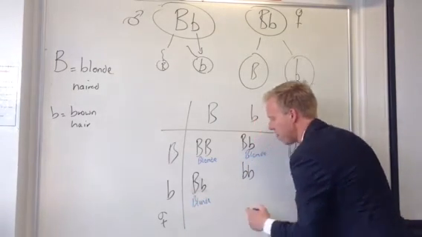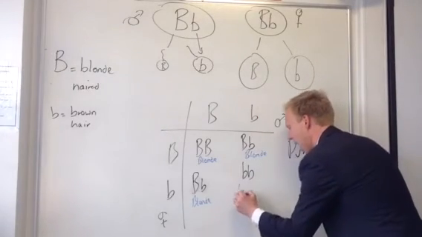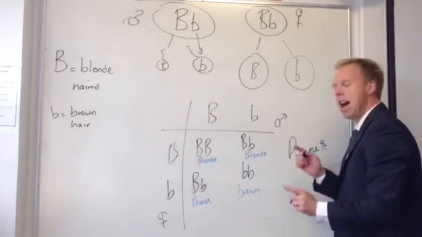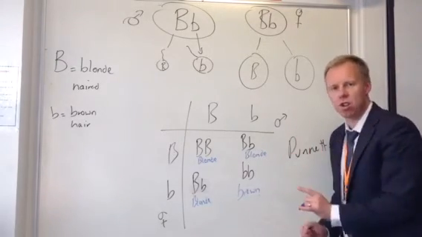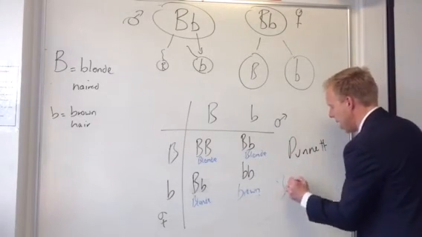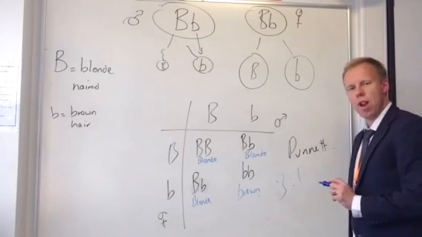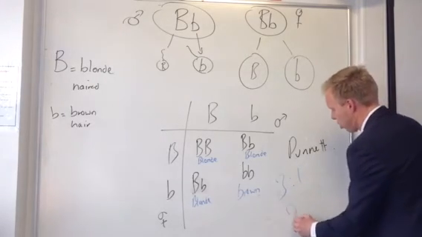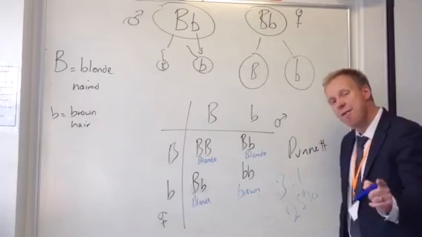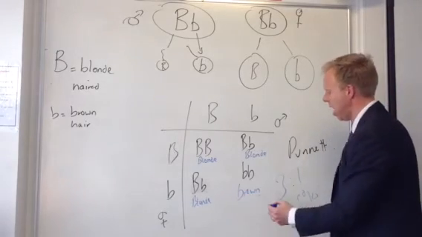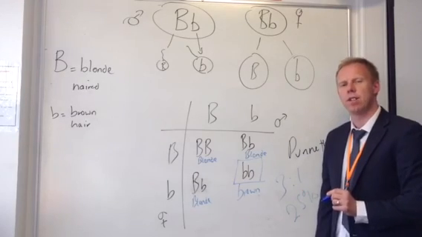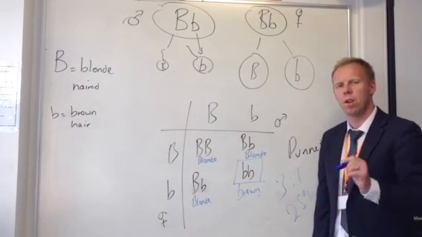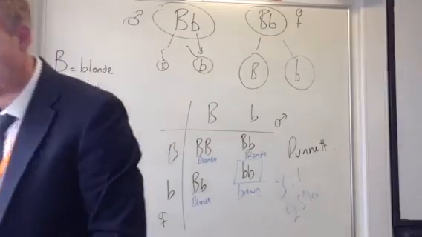Blonde. And brown. And this is a classic monohybrid genetic cross where the ratio is a 3-to-1 ratio, or 25% if we're talking about the probability of having a brown haired child, offspring. Hope you understand.